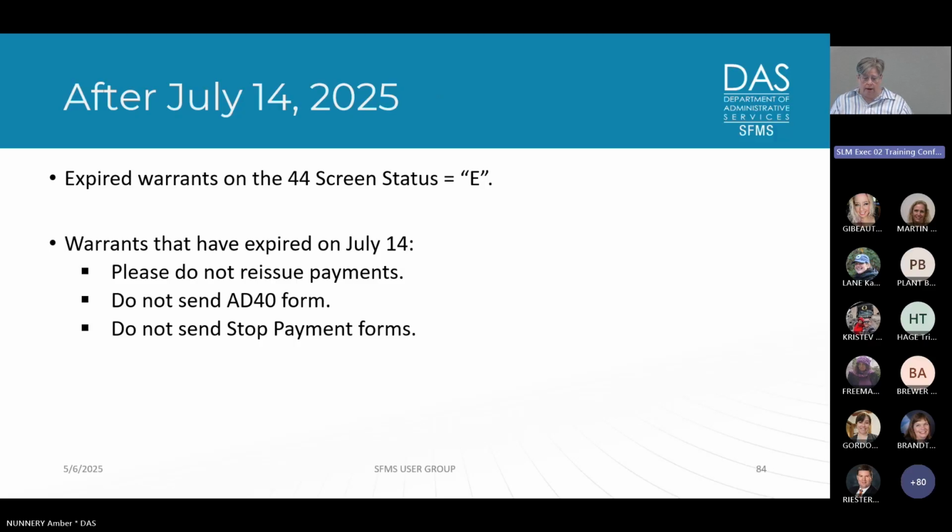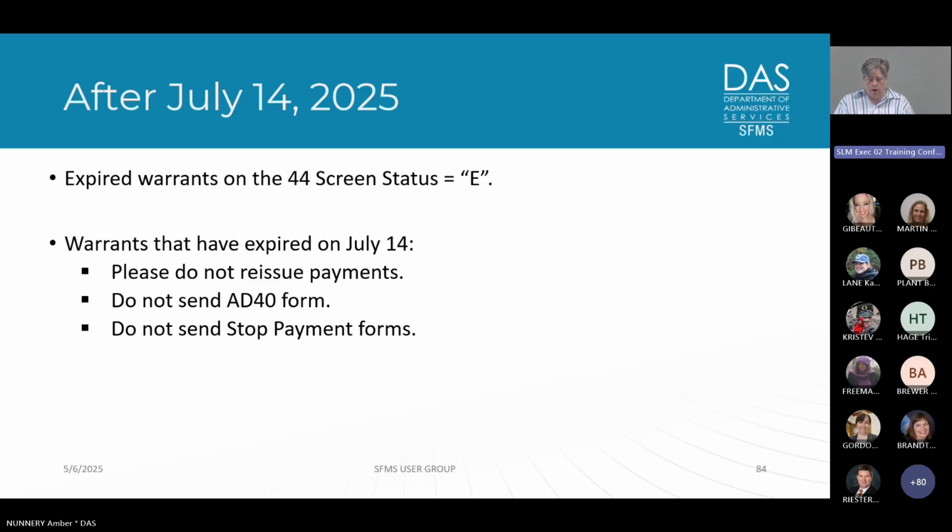After July 14th, after the program is run, the expired warrants will appear on the 44 screen with an E. They go from an I for issued to E for expired. Any warrants that are in a P status are paid and will not be impacted by this process.